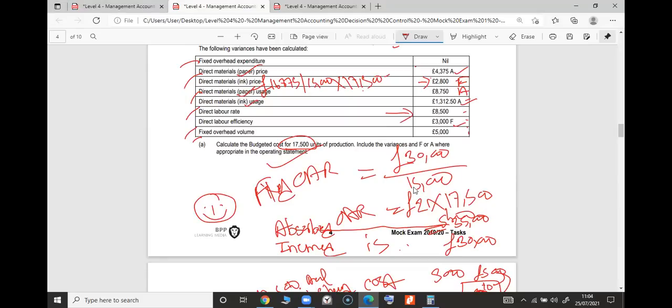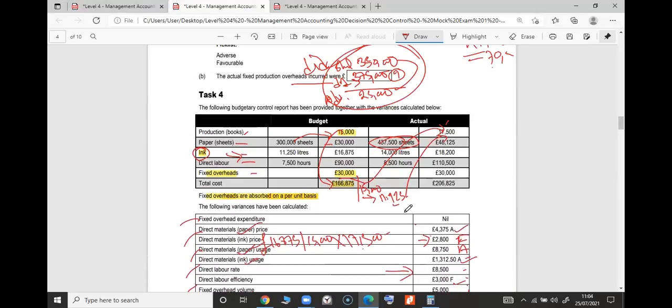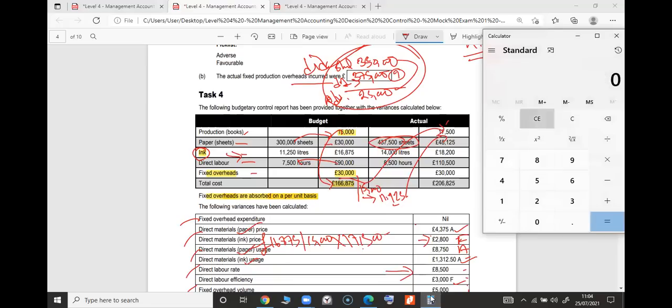Labor rate. Can you please do the labor rate now? How much it should cost, how much it did cost. You can go along with the hours way. That's not a problem; that is recommended here. 90,000 pounds was budgeted for 7,500 hours. Divided by 7,500 hours, so 12 is the per hour, and times 8,500.